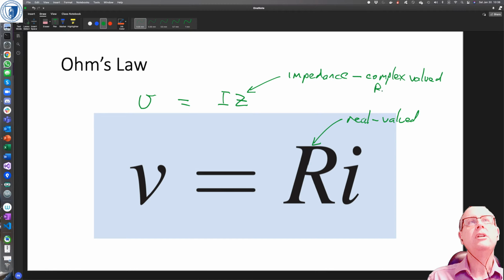So it's going to have a real and an imaginary component.